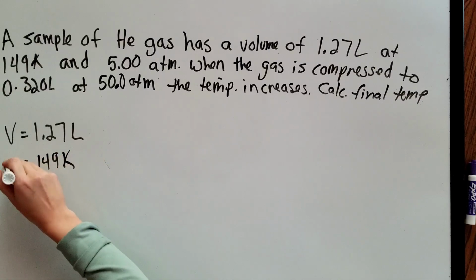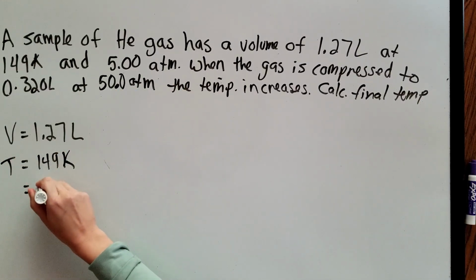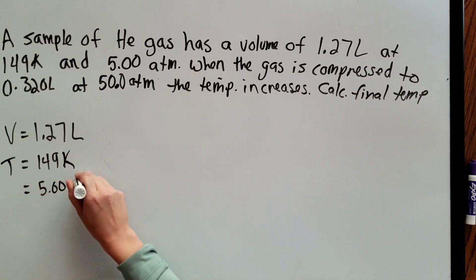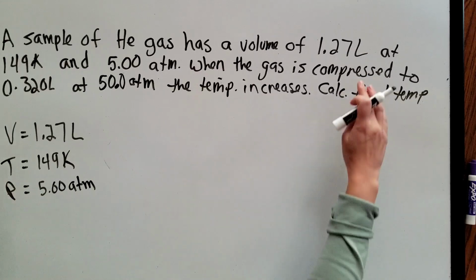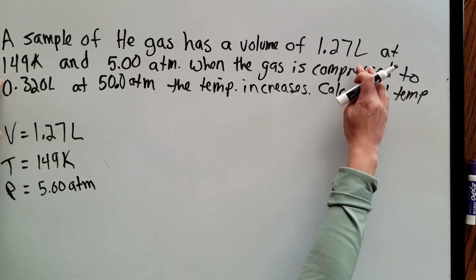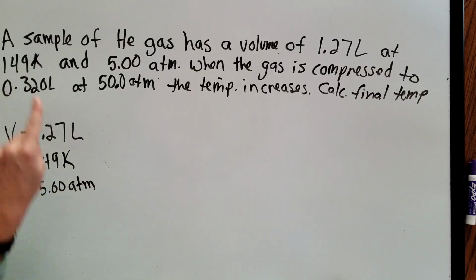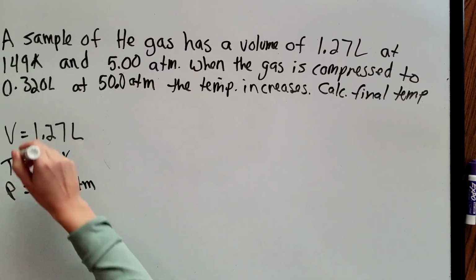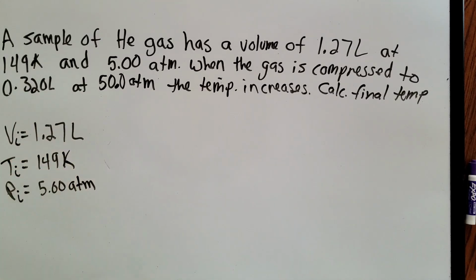Kelvin, it's a temperature. 5 atm, that is a pressure. So all of these conditions are the initial conditions. We have 1.27 liters initially at this temperature, at that pressure. So I'm going to write I's by all of those so that I know those all belong together.